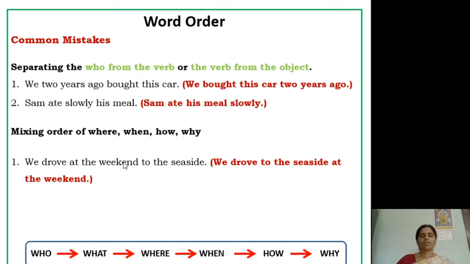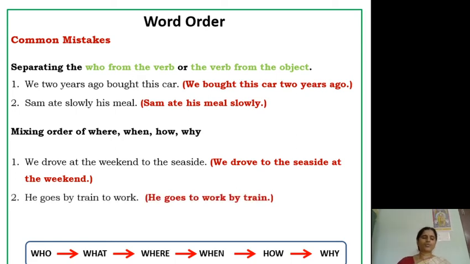So usually we get the subject first, we. Immediately after that we get a verb, drove. After the verb, what we have to get is the where element, that is to the seaside, and then we get the when element, at the weekend. So this is the right order. We drove to the seaside at the weekend.